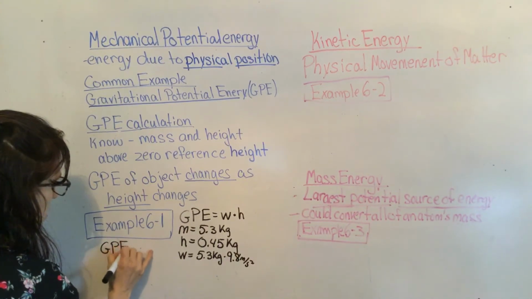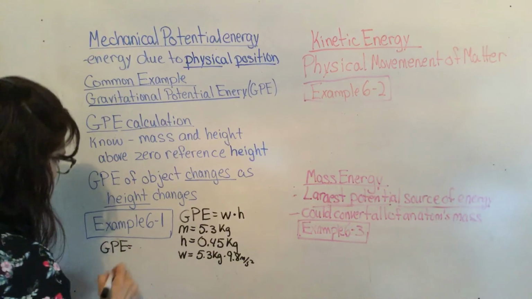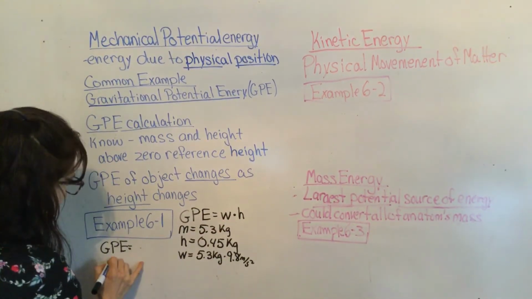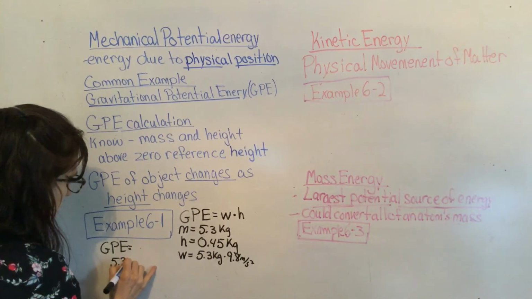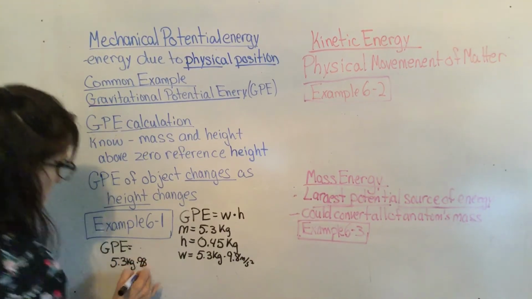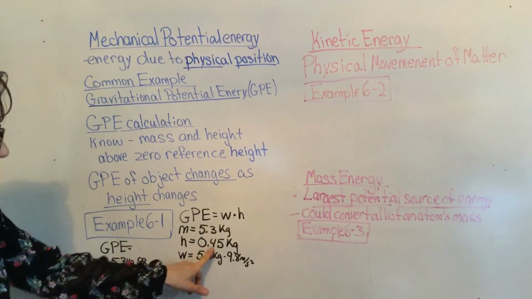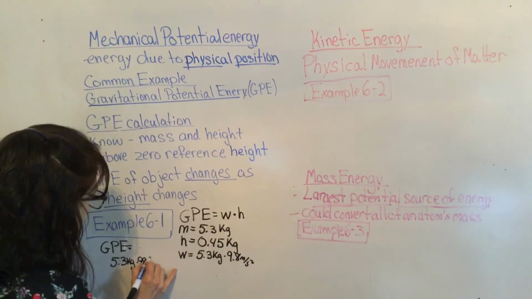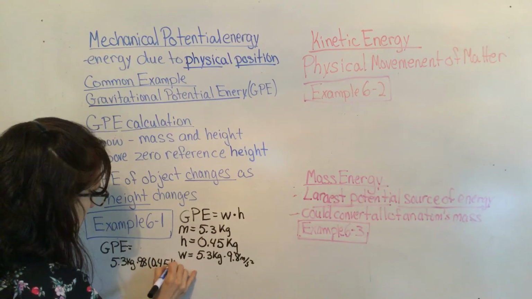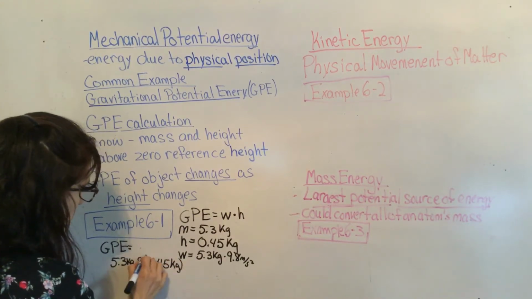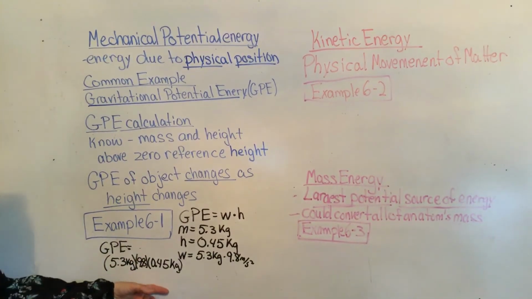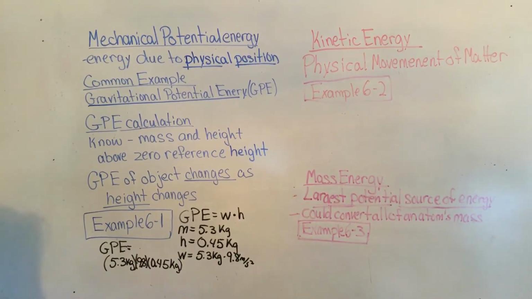Gravitational potential energy equals, we're going to plug in the numbers. Let's plug in the numbers for weight. 5.3 kilograms times 9.8. I'm going to leave the units out so I have room on my board here. Times 0.45 kilograms. I'll put that in parentheses so you can see it a little bit better. As a matter of fact, I'll put all these numbers in parentheses so you can see what they are and you can multiply them together.